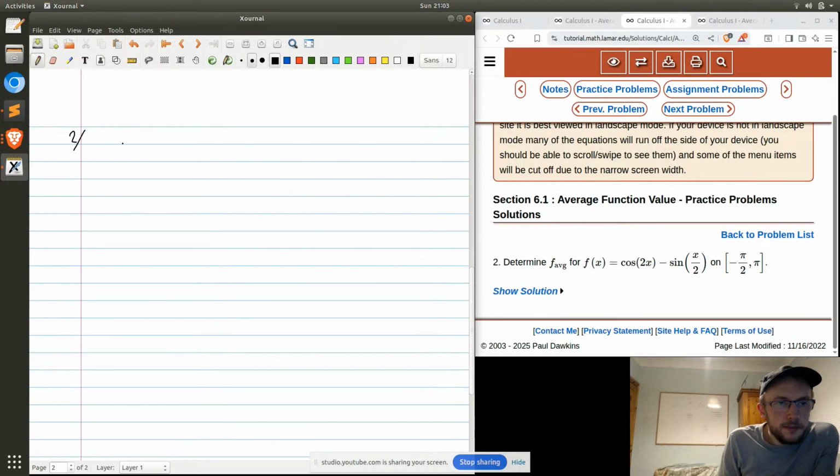Integrate f average over that. So what's the width of the interval? Pi over 2. No, totally wrong. 3 pi over 2. Yes. So 1 over 3 pi over 2.